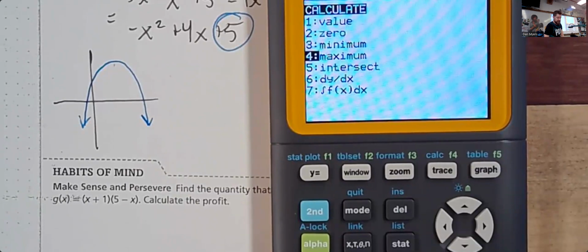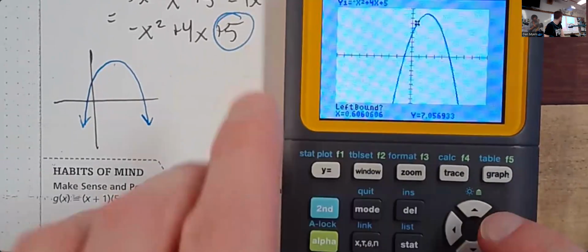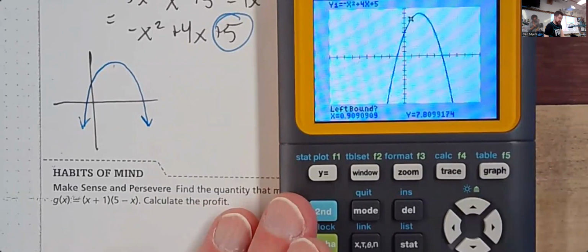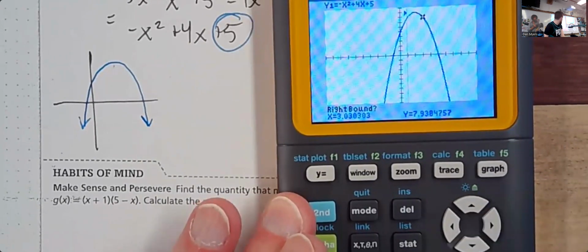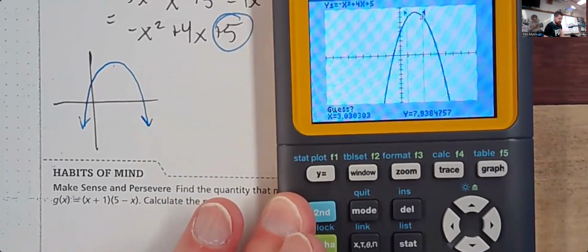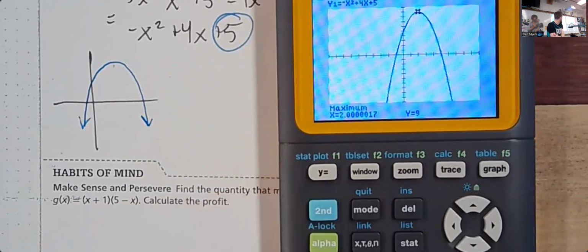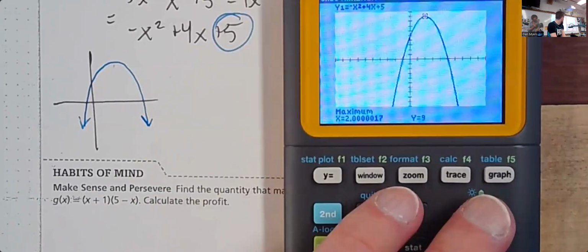Because we're looking for the vertex, which on this parabola is at the top. And then we're going to pick a point to the left of the vertex, and I'm going to get relatively close to it, and I'll just scroll to the right, and I'll say right there is fine. And then I'm going to go over the vertex on the way down, pick another point over here, hit enter, and then enter to guess. And right there it says, I think that's actually supposed to be 2 exactly. I don't know why there's some business going on at the end there.